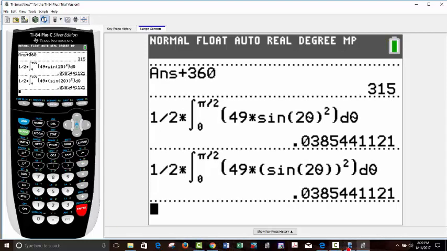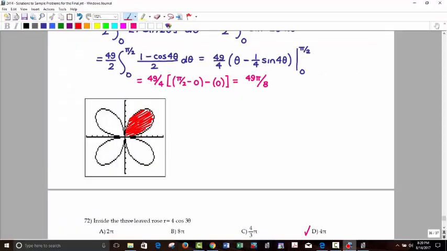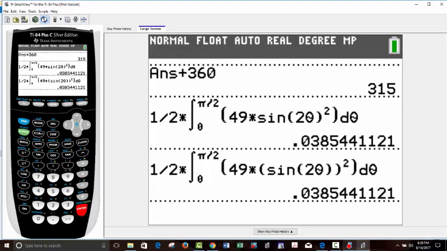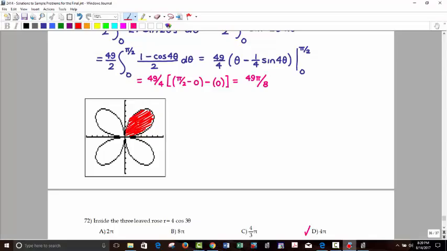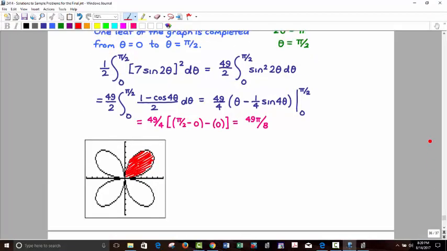But that doesn't match 49 pi over 8, which I promise you is correct. So, lesson learned, proceed with caution if you're going to do these in the calculator.